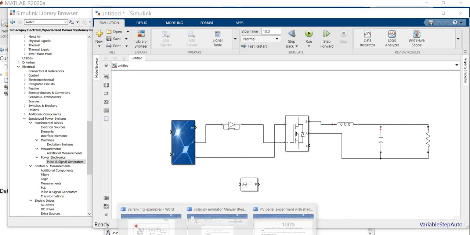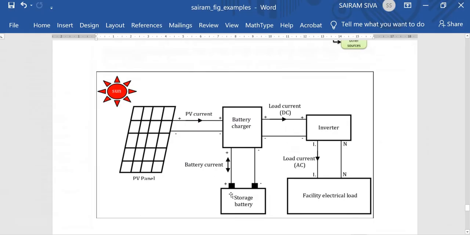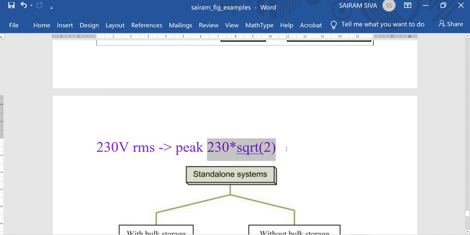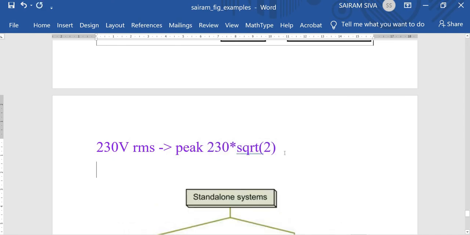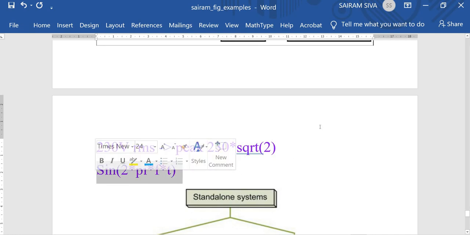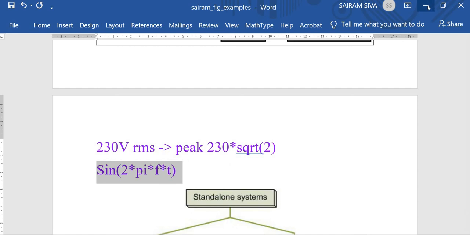The basic sine wave equation is sin of 2 times pi times f times t, where f is the frequency and t is time. This is the sine wave model equation.